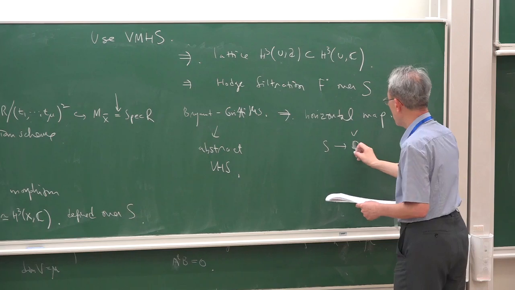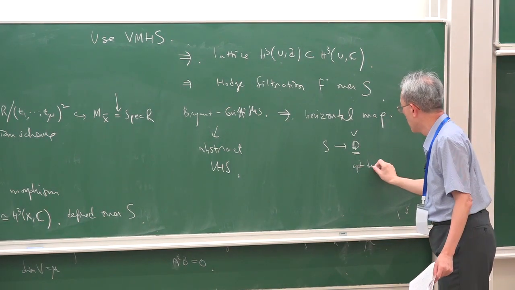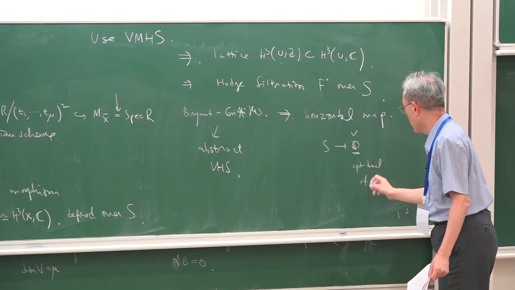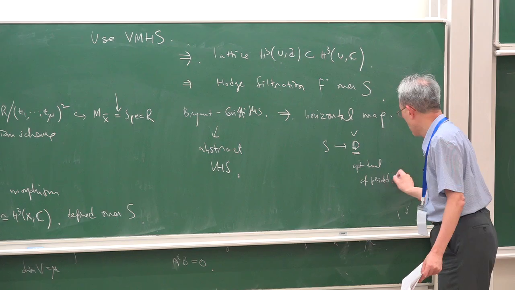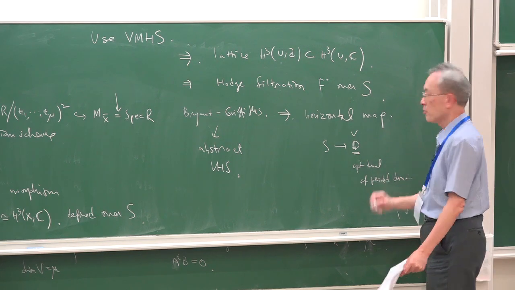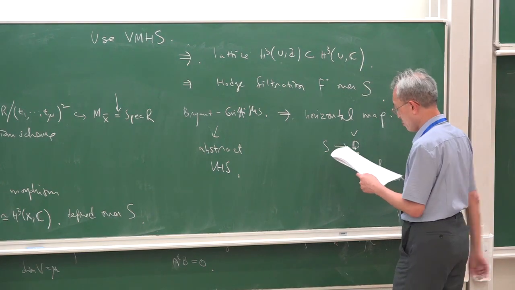to a compact dual. That's just usual notation. This compact dual of the period domain. And then this is horizontal.